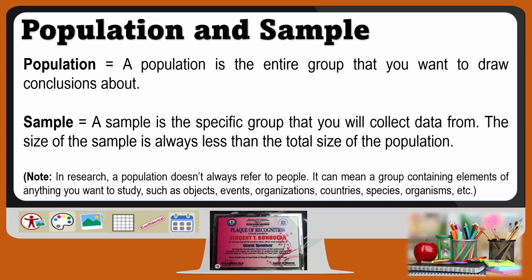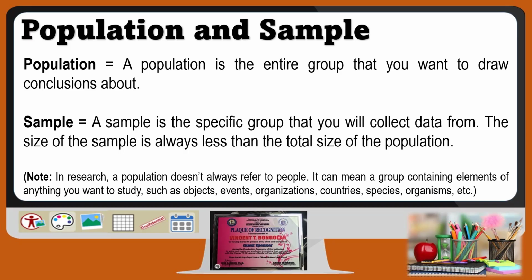A population is defined as the entirety of the group, meaning a population includes all the entities, all the units under study. A sample is a subset of the population, meaning a sample is just a portion of the population.